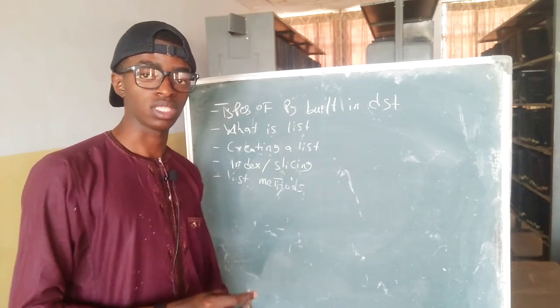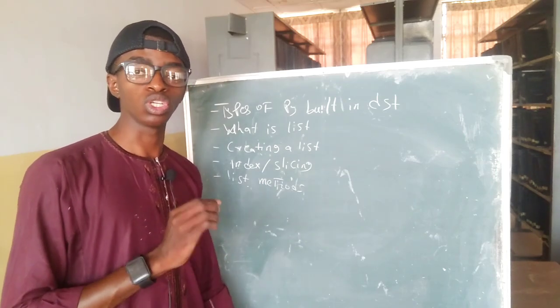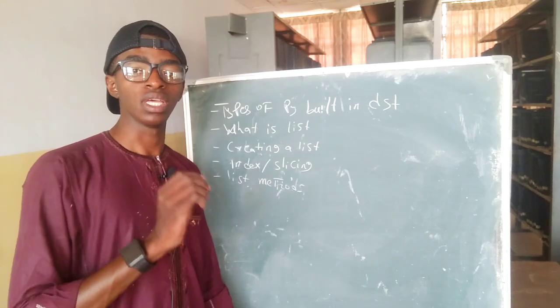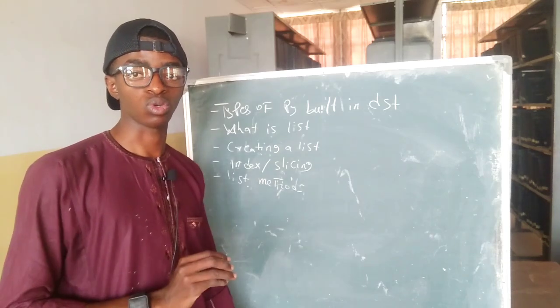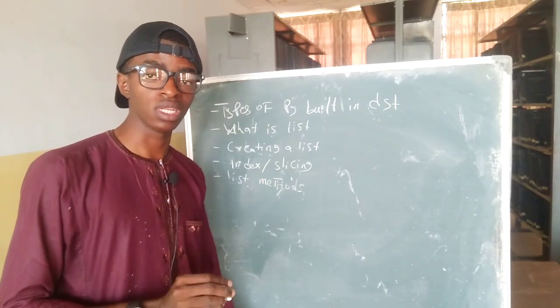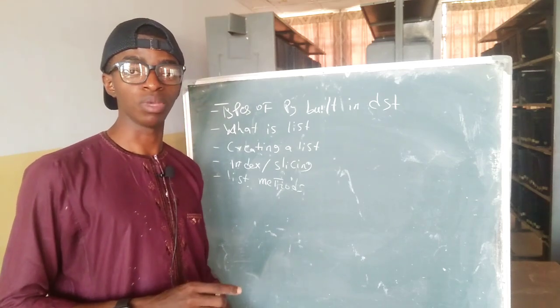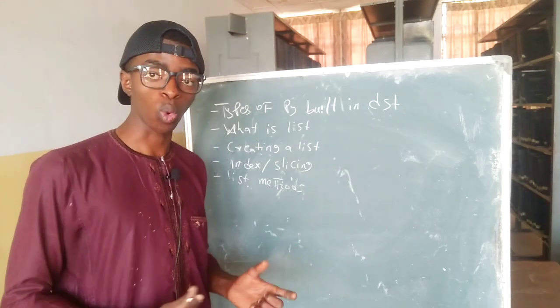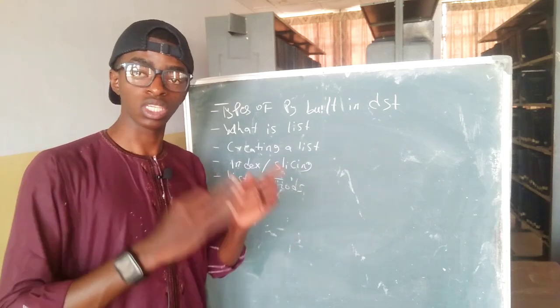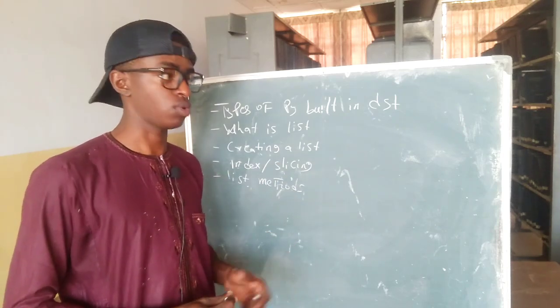It comes with a list data structure. This is the reason why we call list a built-in data structure. So I hope you understand what built-in is. Built-in means something that comes with the programming language since the creation of that language.